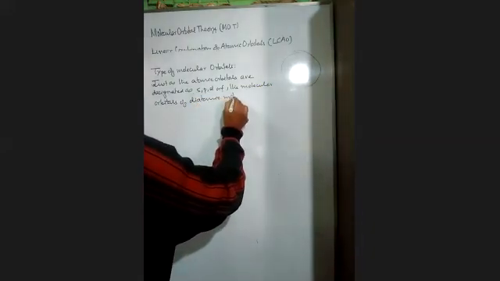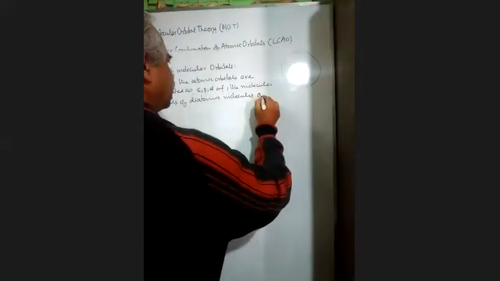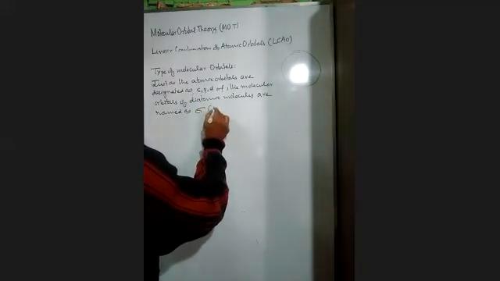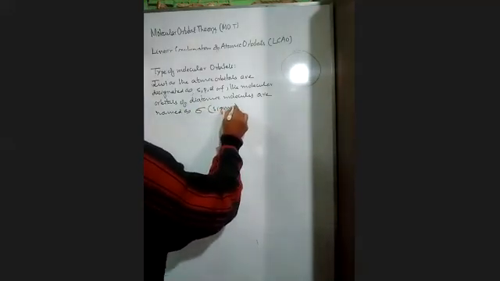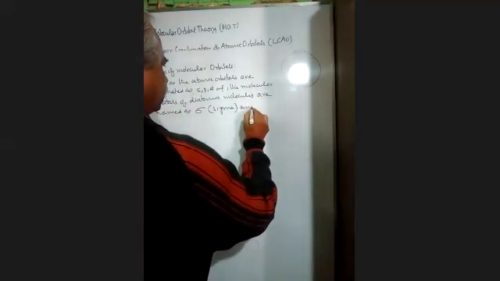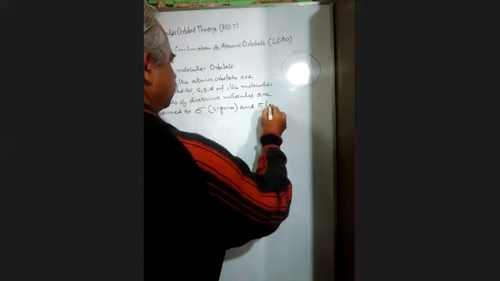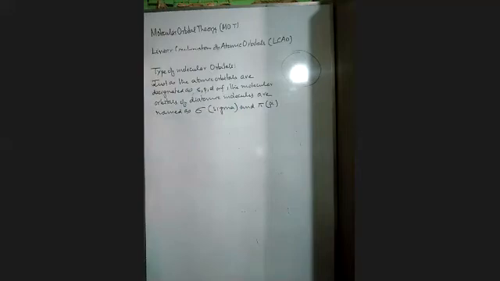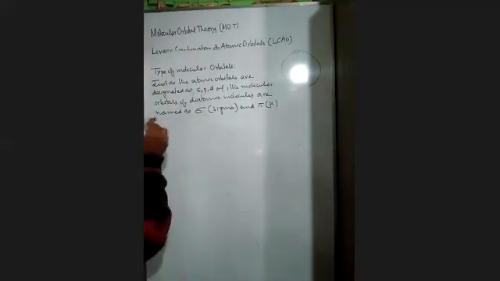In your syllabus, diatomic molecules are named as sigma and pi. Okay, then we will write now here.